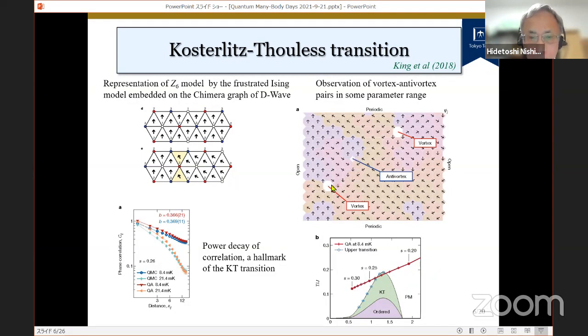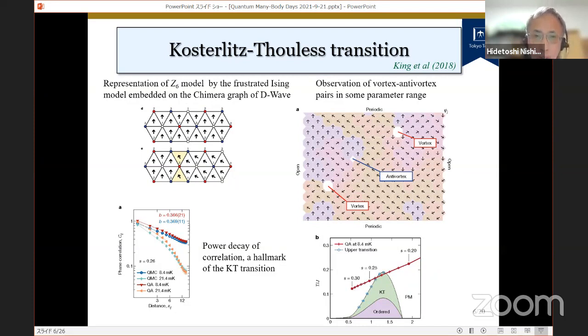Those pairs exist exactly in pairs. That is, if there is a vortex, then there should be another anti-vortex nearby. And this pair of vortex and anti-vortex cancel their effect on each other. And if we look at the state as a whole, the quasi-long-range order is not destroyed.